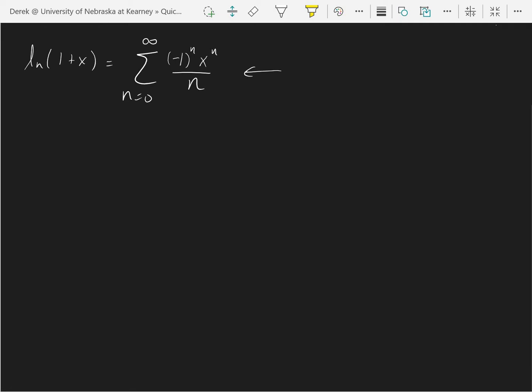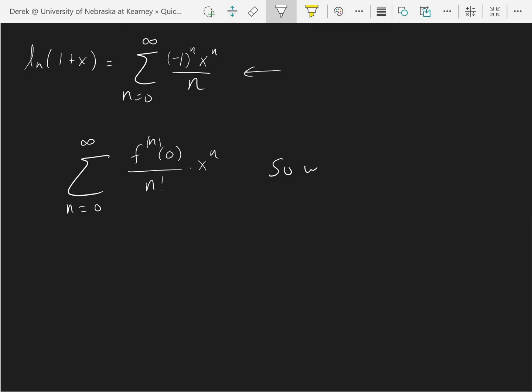So what are we going to do? Well, each of those terms in the Taylor series looks like an nth derivative at some value. Well, I want to center this at 0, so I want the nth derivative at 0 of this natural log of 1 plus x function over n factorial times x to the n, from n equals 0 to infinity.